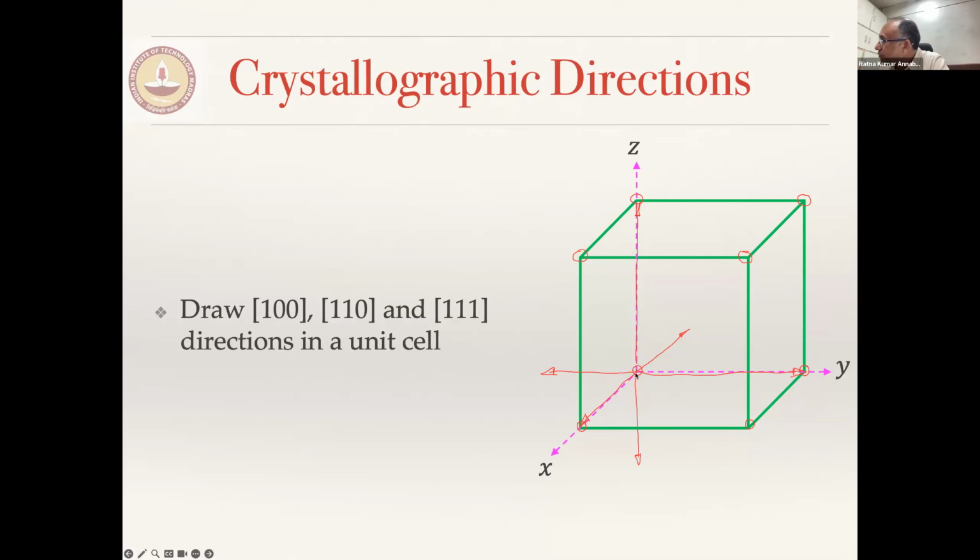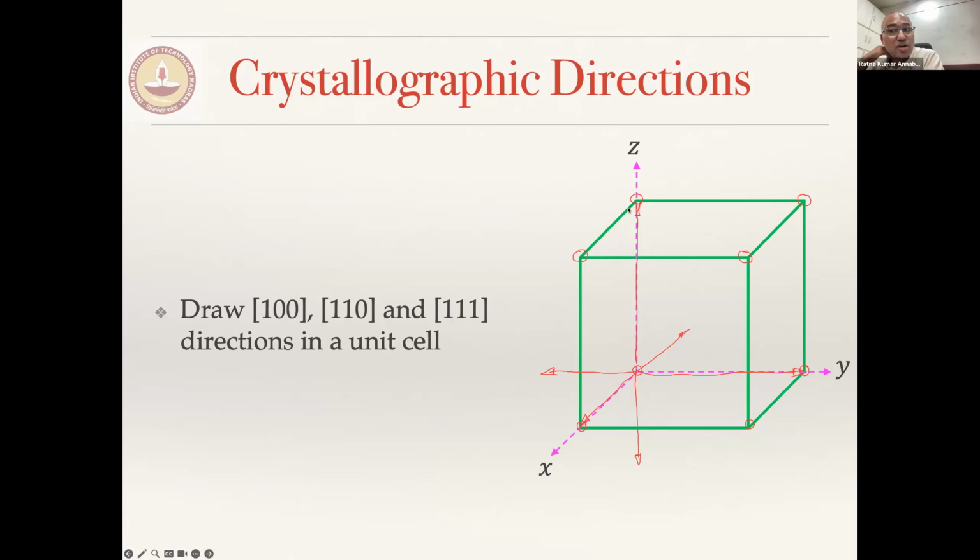So if you take the 1, 0, 0 direction in a cubic crystal, if I move A units, I am reaching exactly the same environment. Either I move in the 1, 0, 0 direction, 0, 1, 0 direction, 0, 0, 1 direction, or 1 bar 0, 0 direction, 0, 1 bar 0 direction, 0, 0, 1 bar direction.